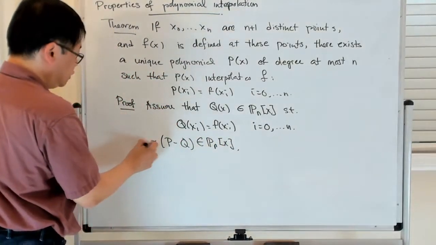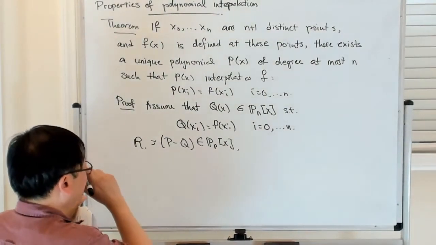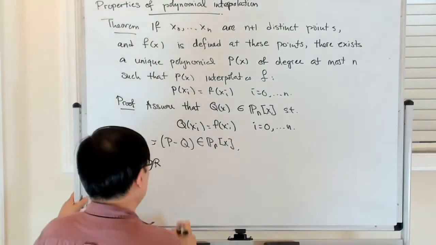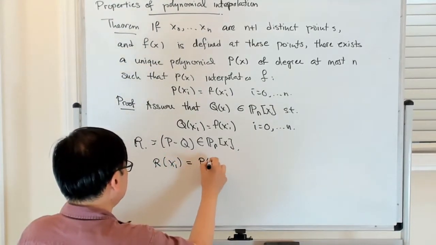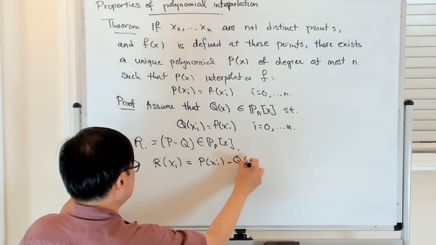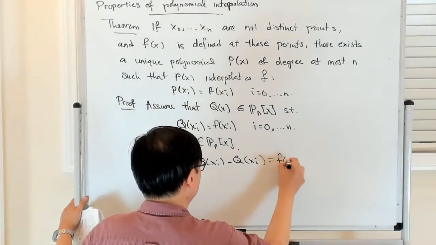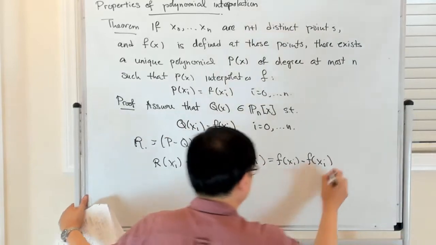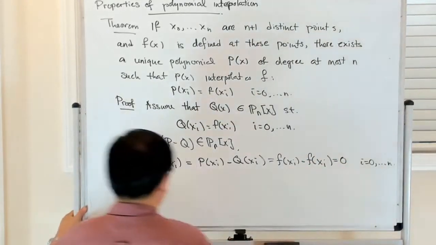Let's call that r. And r has the following property: r at xi is equal to p at xi minus q at xi, which is equal to f of xi minus f of xi by the interpolation property, which is equal to 0, and this is true for i equals 0 to n.